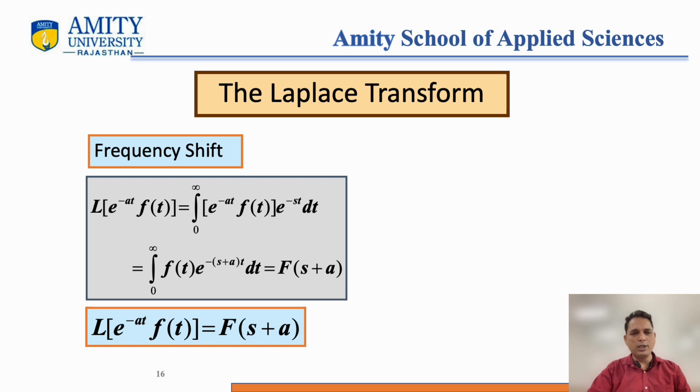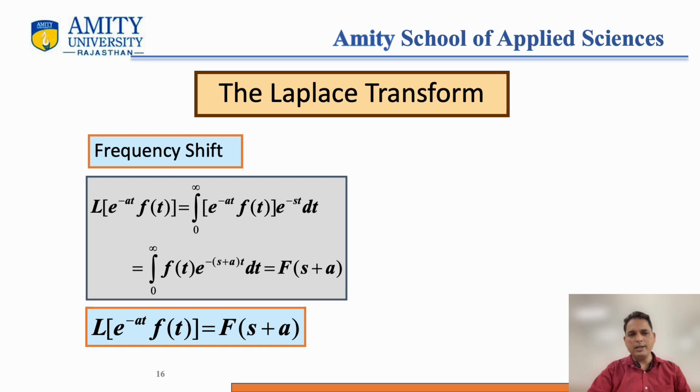Simple. We use the basic definition of Laplace, that is 0 to infinity e^(-st) f(t) dt. But at the certain time, we have f(t) equal to e^(-at) into f(t). I just put it back here. And while the bases are the same, the powers will be added as we have earlier discussed. So the power of e becomes minus (s plus a) into t.